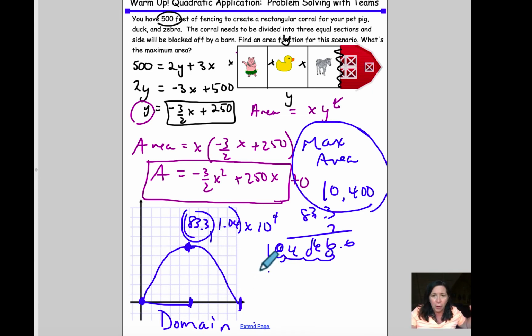So my domain is going to go from 0, including 0, all the way to 166.6, and it does include that value, so that is a bracket. Alrighty, that's my domain. The domain we're using for this problem is because we don't want anything in the negative realm, even though it keeps going. Okay, but that's our domain.